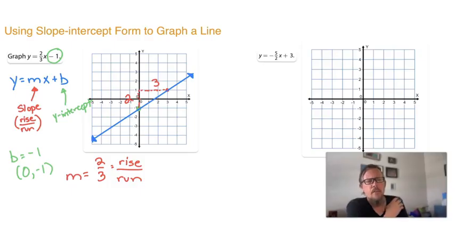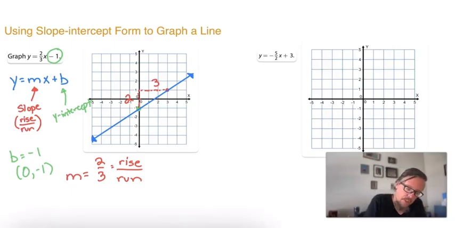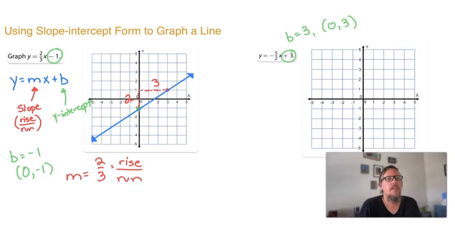So this next equation is y equals -5/2 x plus 3. Just like on the last one, we start with the y-intercept, which is positive 3. b equals 3, which means the y-intercept is 0, 3. So on our y-axis, our first point is going to be at positive 3. There it is.